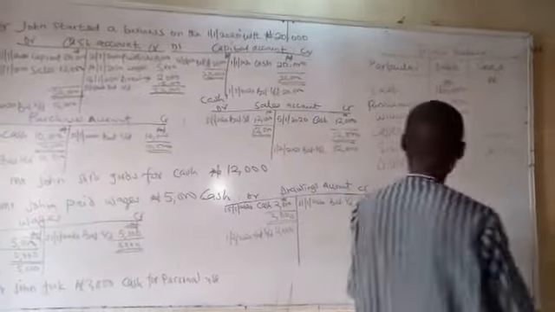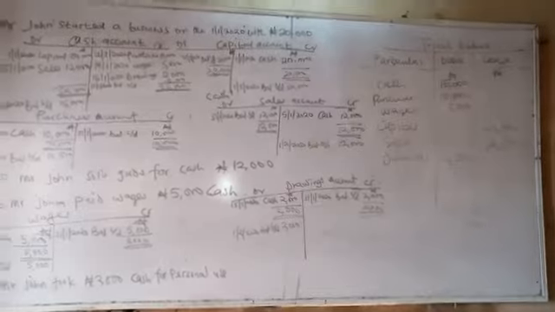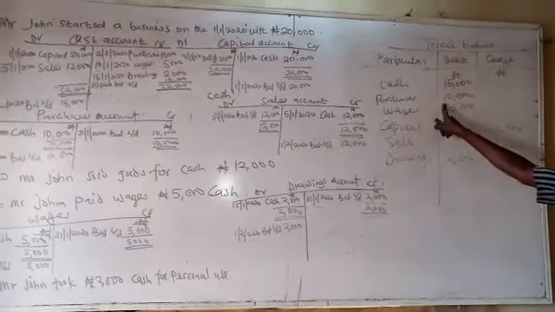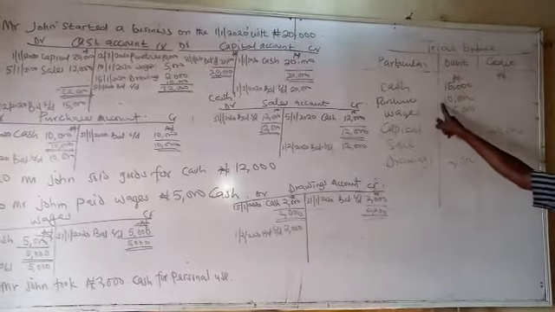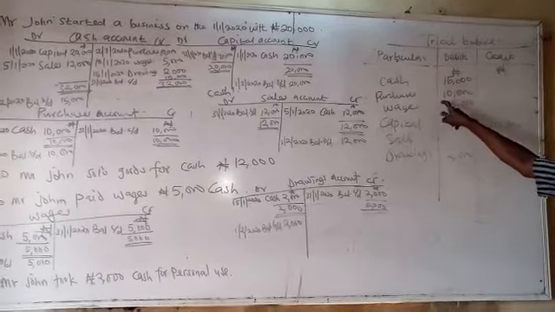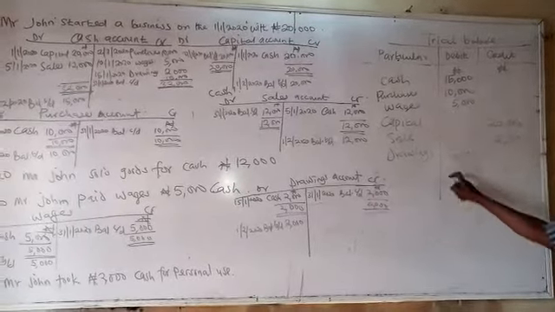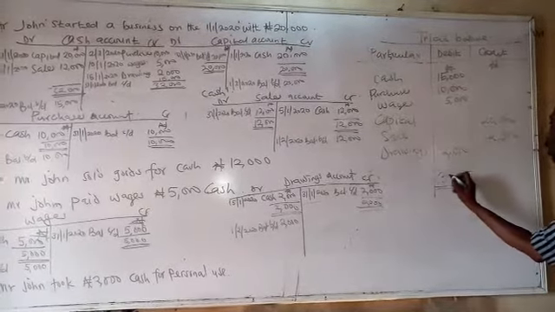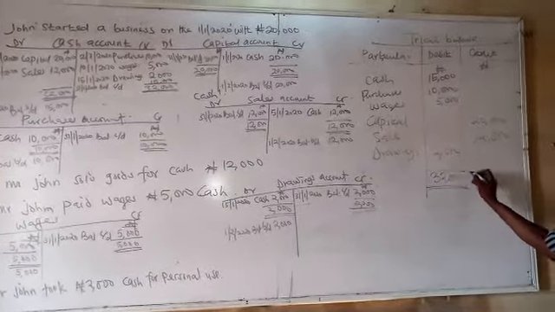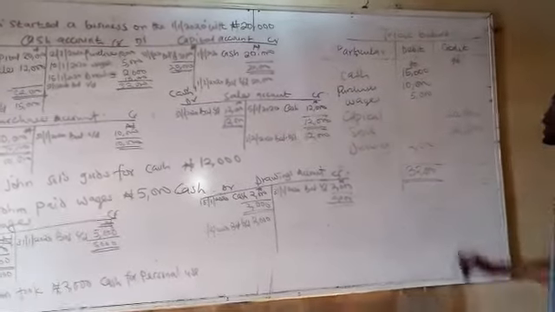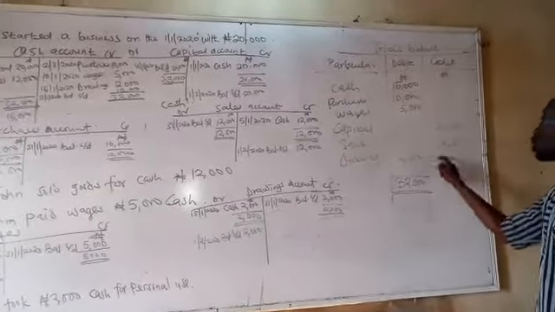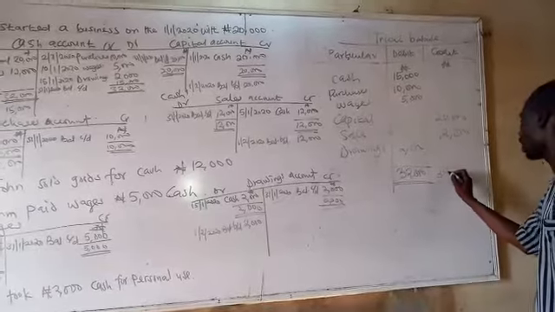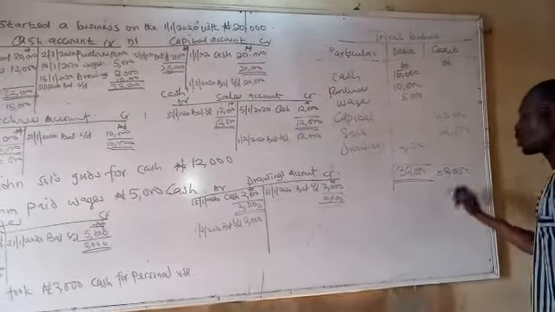Now, 15 plus 10 gives you 25. 30 plus 2, 32,000. And on the credit side, 20 plus 12,000 equally gives you what? 32,000 naira.